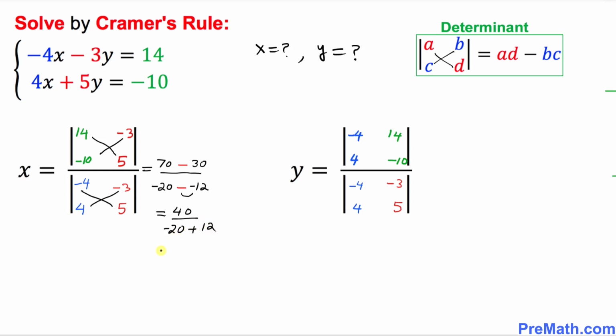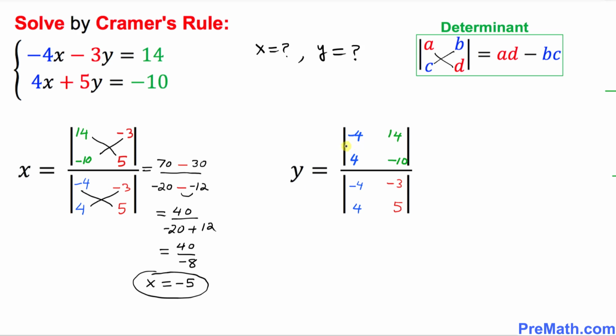So that is 40 divided by -8, which gives you -5. So x turns out to be -5.